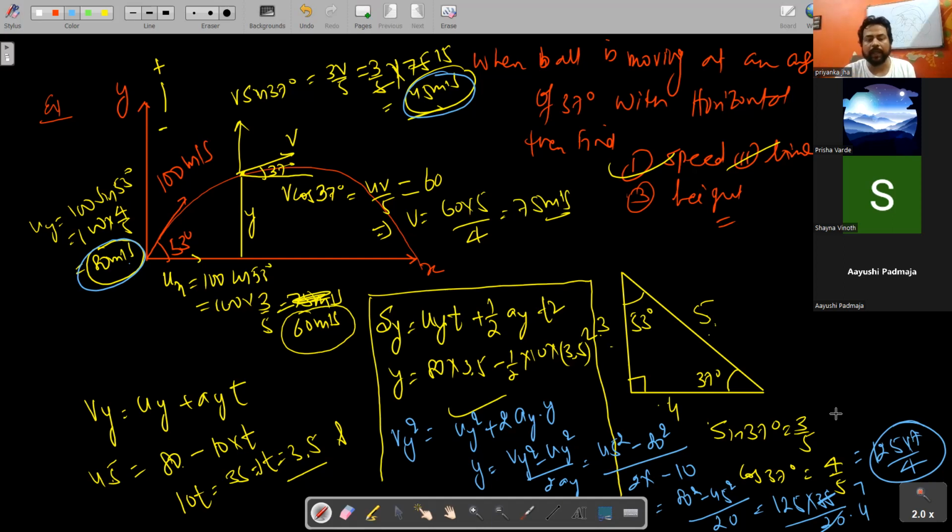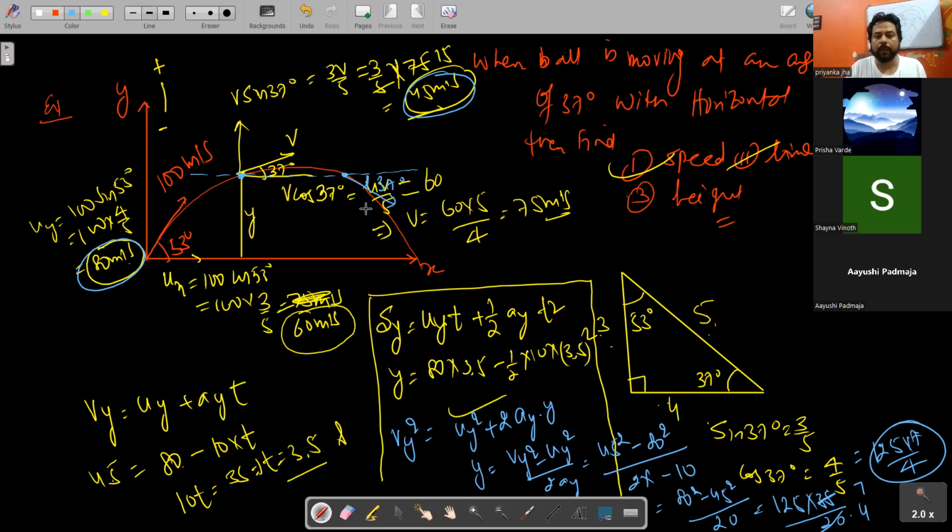Okay, fine. Now you can observe one more thing over here. See, at this point, it is making some angle, 37 degree, right? So if you draw a horizontal line, at this point again, it will make the same angle, 37 degree. Understood?